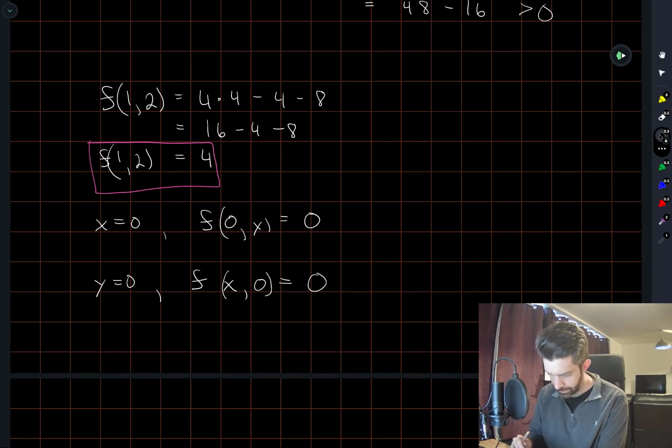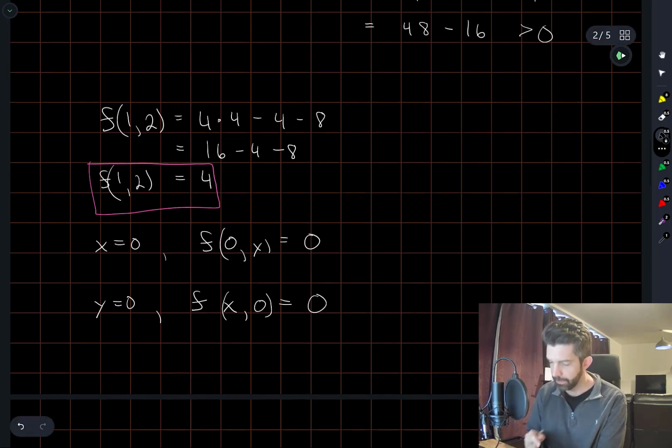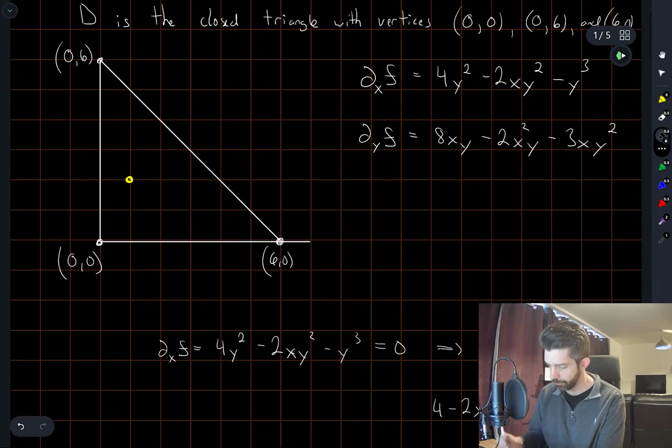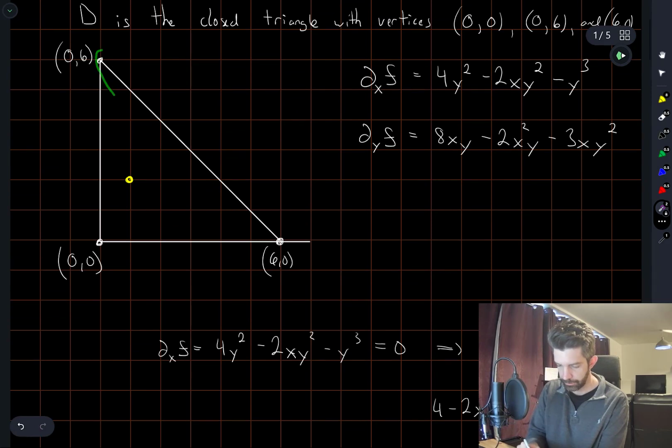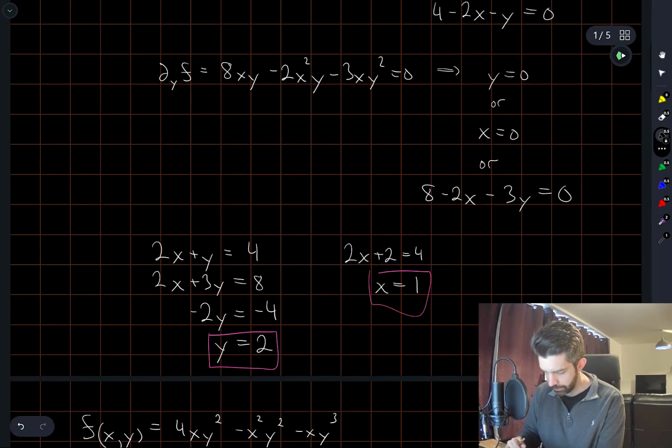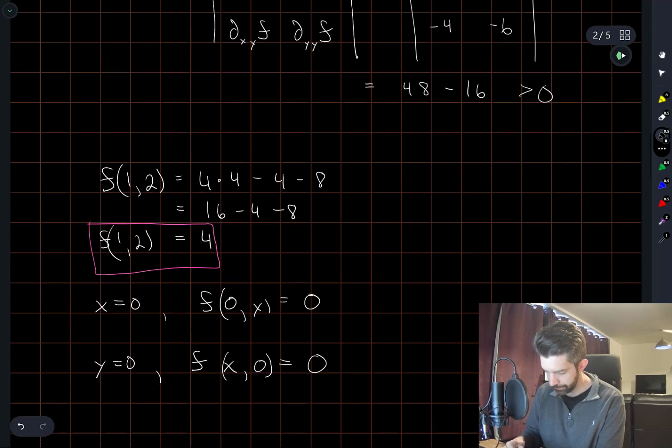Yeah, and now what I want is the line that goes through (6, 0) and (0, 6). So I want to think of this, see what kind of function we have there.